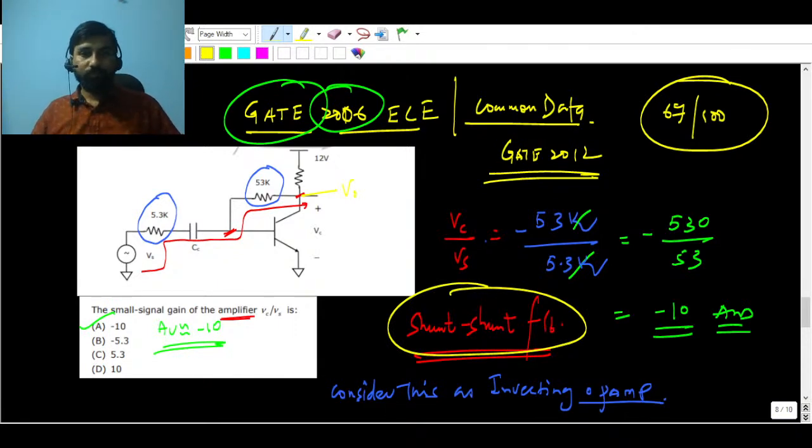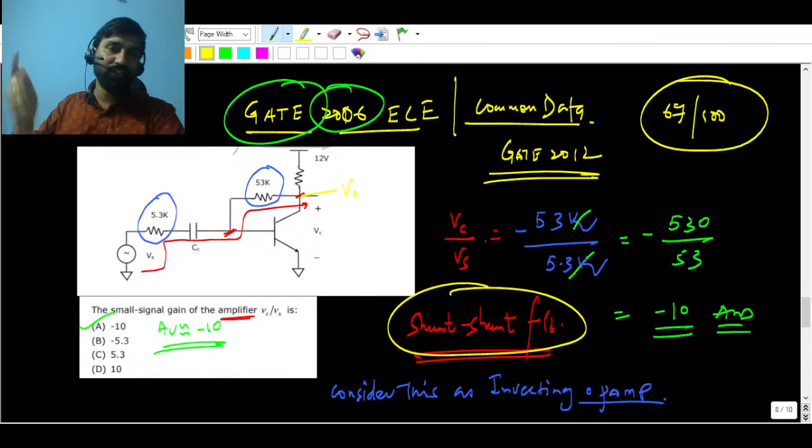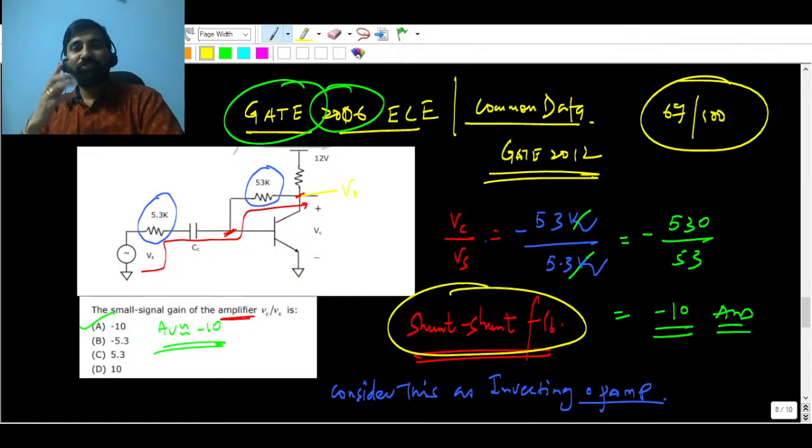Guys, like these sessions, I'm going to bring all the questions on analog circuits and solve all the small signal questions without using small signal models. So Ravi Teja, have you understood now how we have identified that it is shunt feedback?